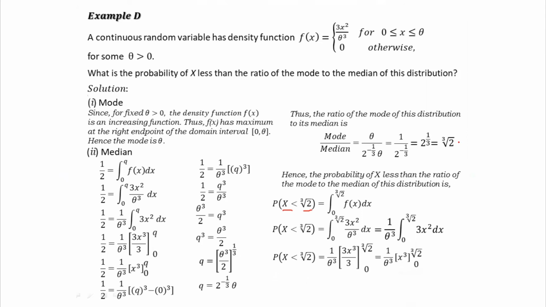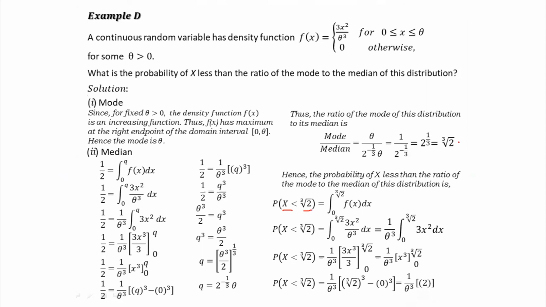And simplifying this term, we have x cubed only. So substituting our limits of integration to this expression of x cubed, we have 1 over theta cubed times the quantity of the cube power of the cube root of 2 minus the cube of 0. And we know that the cube of the cube root of 2 is just equal to 2.